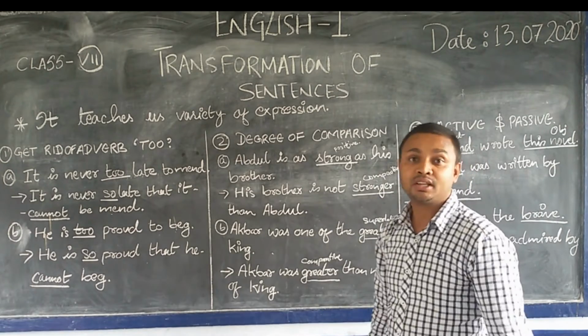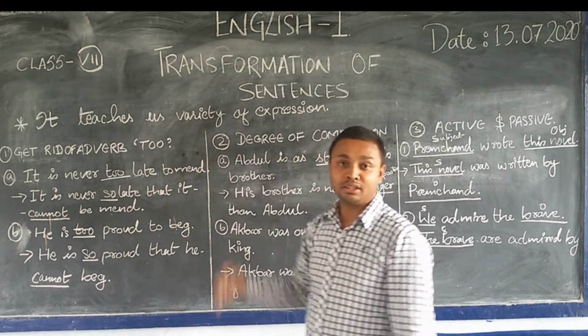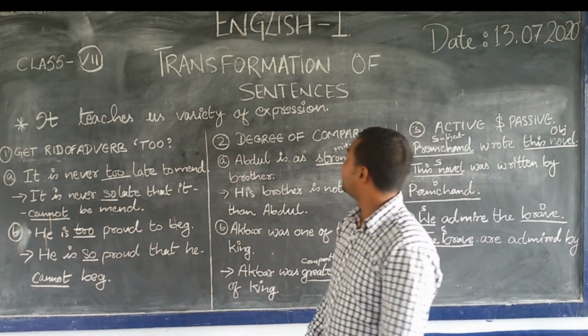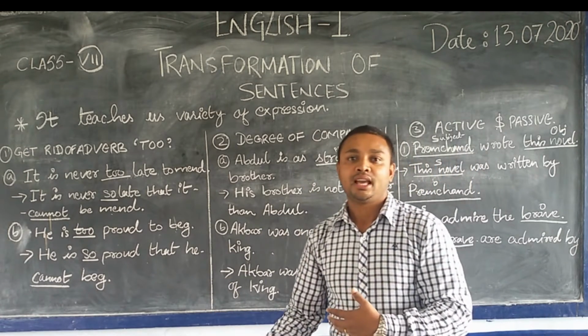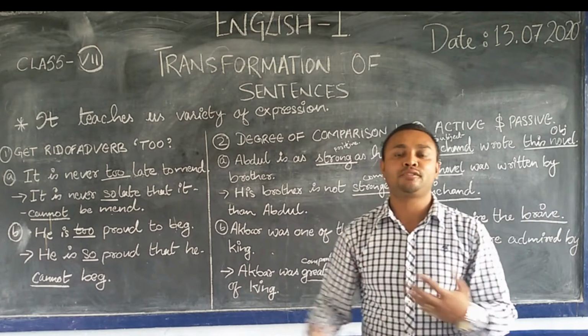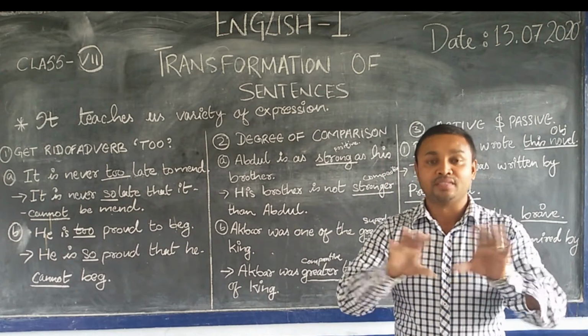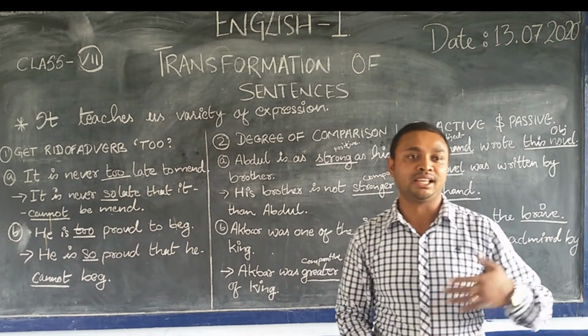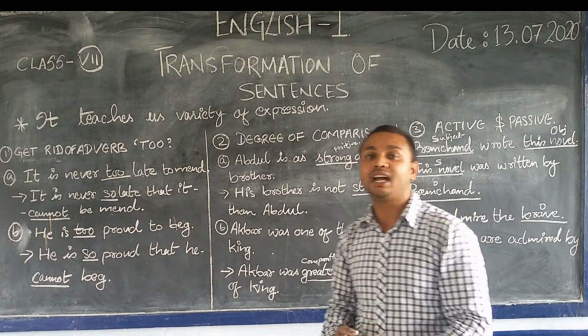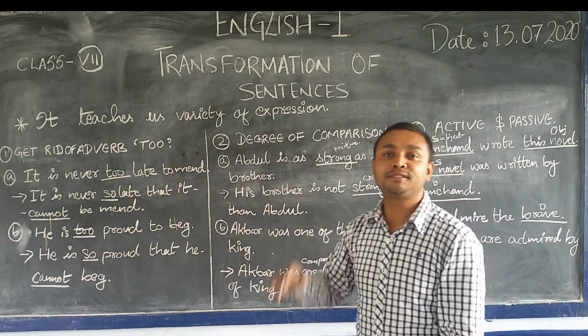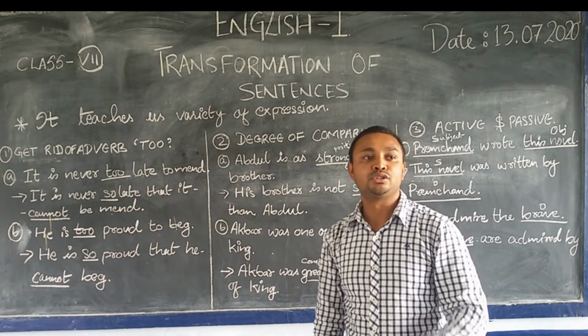Transformation of sentences, as it is written out here on the blackboard, teaches us a variety of expressions. We say something, and there are a variety of expressions for the same sentence. If you are saying something, that can be said in a different way also. So in this video I have brought you 3 different varieties which you can use.